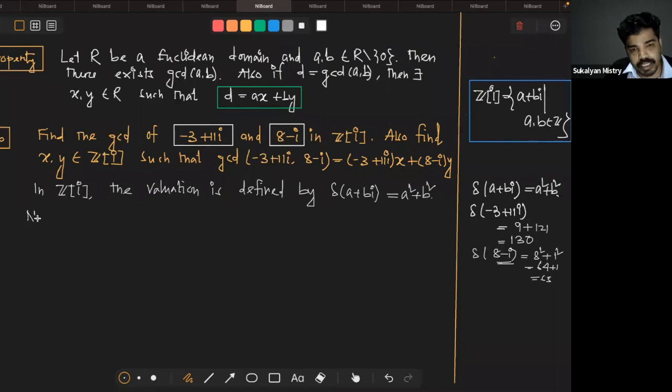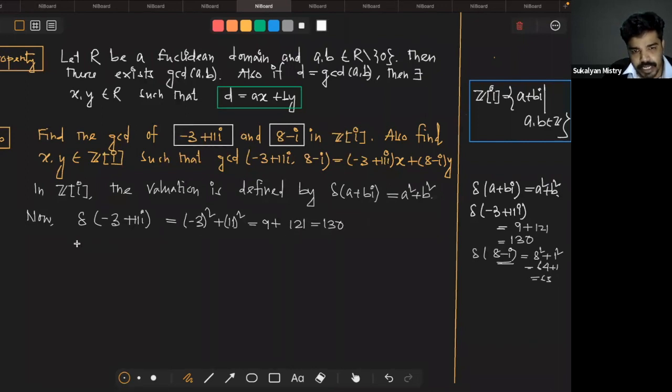Now, delta of minus 3 plus 11i is a square plus b square, so minus 3 square plus 11 square, so 9 plus 121, that is 130.